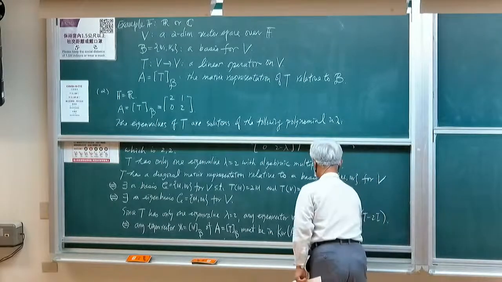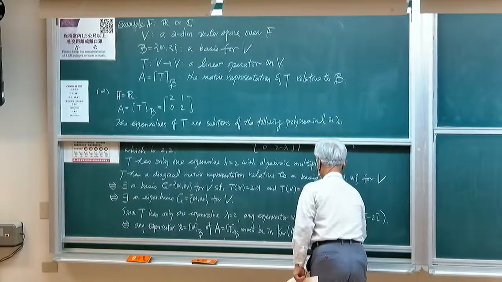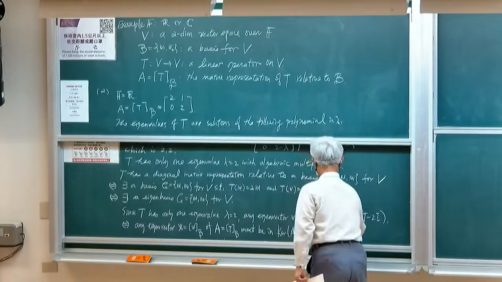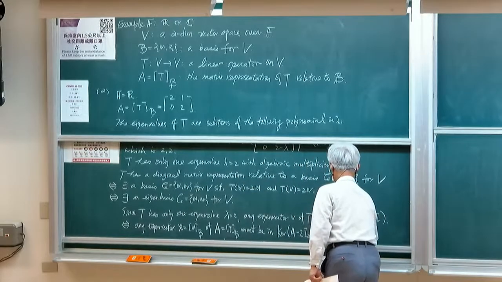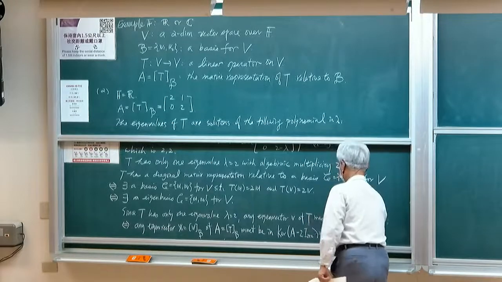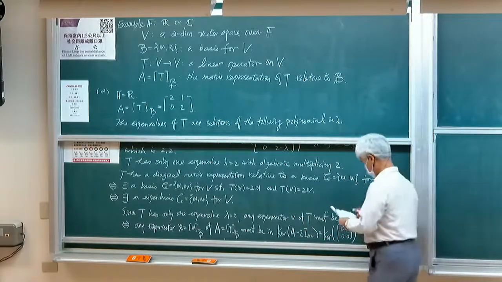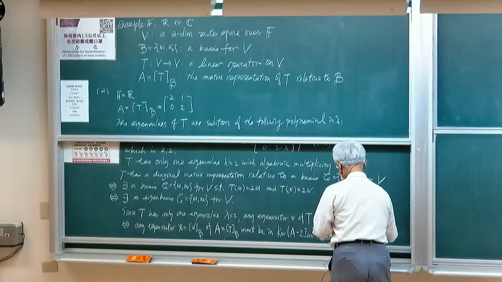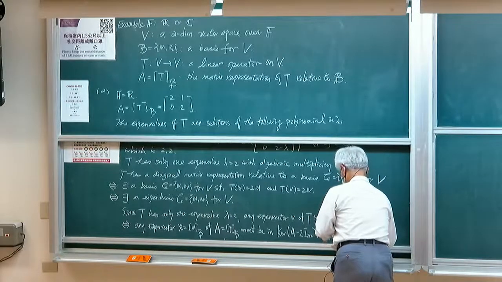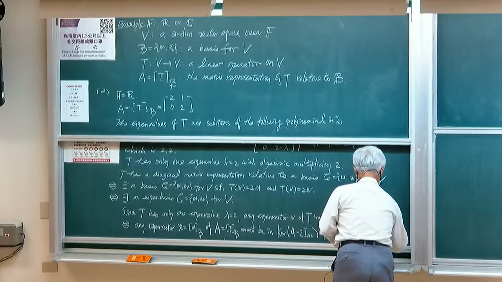We find this matrix is 0, 1, 0, 0, and the kernel is just alpha times 1, 0, alpha in R.